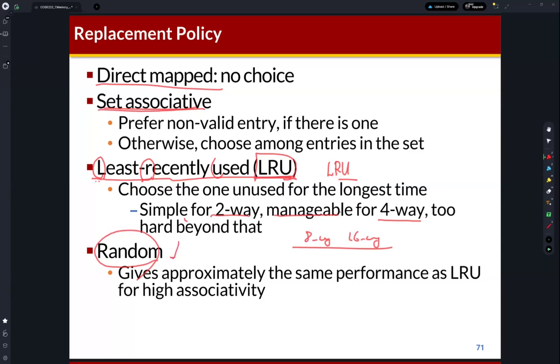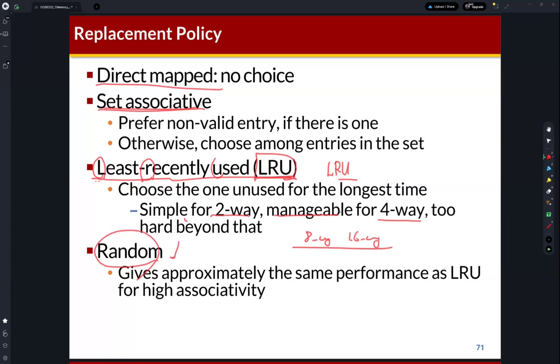Sometimes CPU vendors such as ARM apply the random replacement policy, which means we can just randomly select which cache block will be replaced.